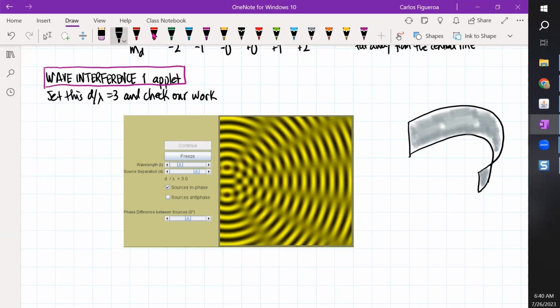Now what I have here is my two slits that are going to be doing something like this here. So my sides are going to look like this. And if I look at this, now I have my two slits. Oops. There's my two slits right here.